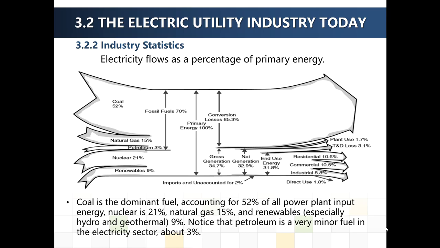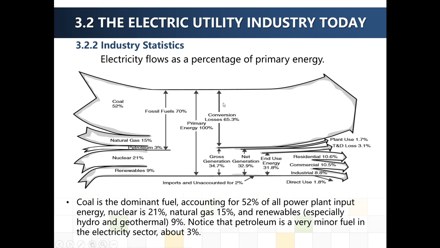The primary energy includes coal, natural gas, nuclear, and renewables. Coal is the dominant fuel, accounting for 52% of all power plant input energy. Nuclear is 21%. Natural gas accounts for 15%, and the renewable energies, including hydro and geothermal, are about 9%. Note that petroleum is a very minor fuel in the electric sector. It's only about 3%.